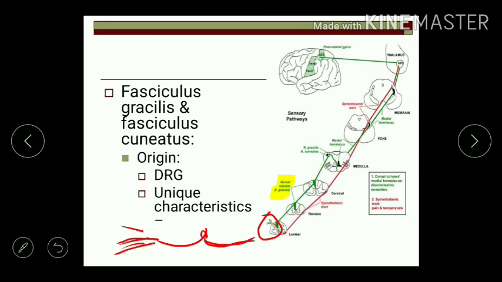In the other tracts, the first order neuron ends in the dorsal horn of the spinal cord, and from there the second neuron starts. But in fasciculus gracilis and cuneatus, the tracts are formed by first order neurons, that is, the axons of the dorsal root ganglion.